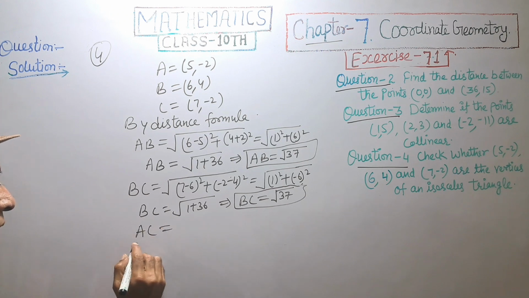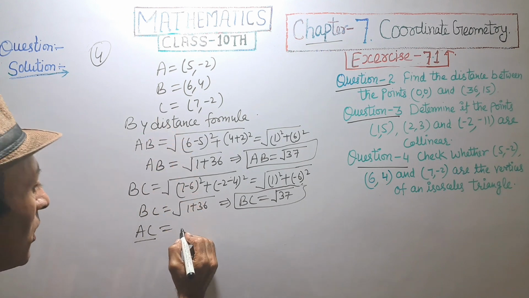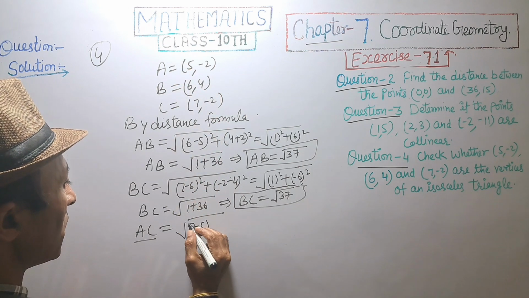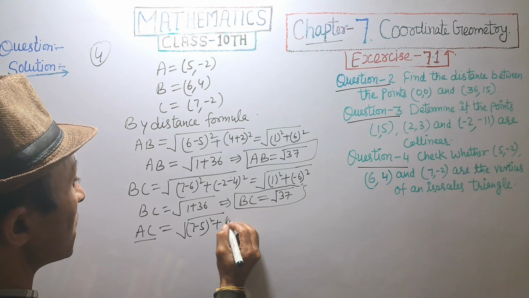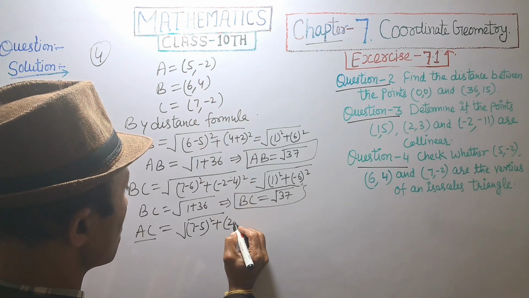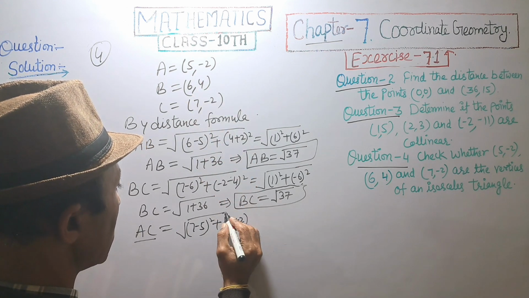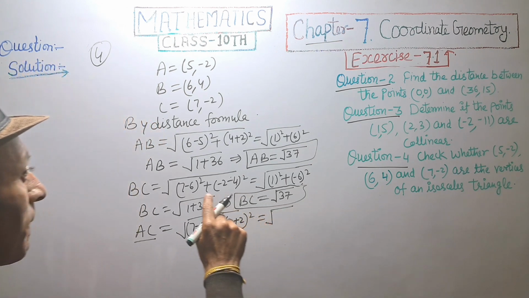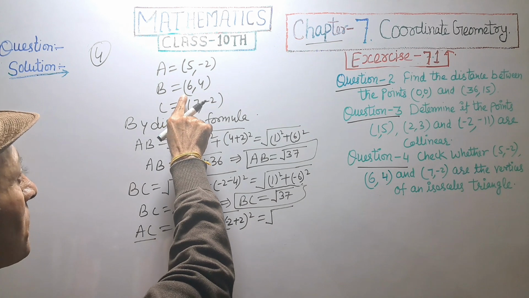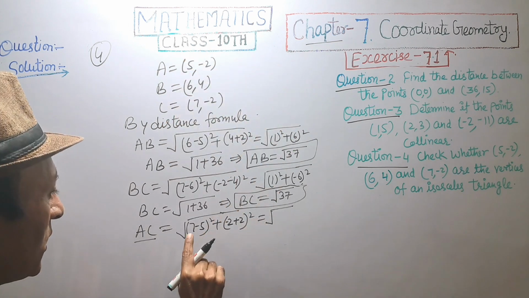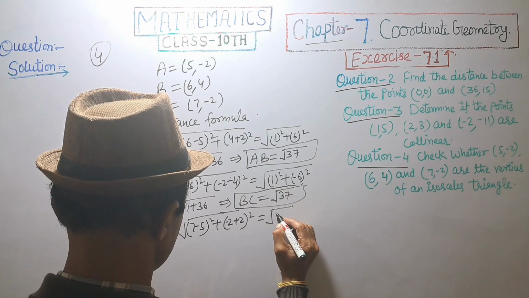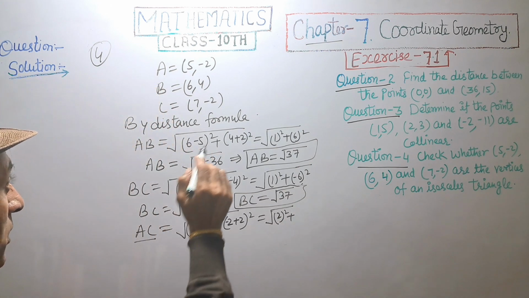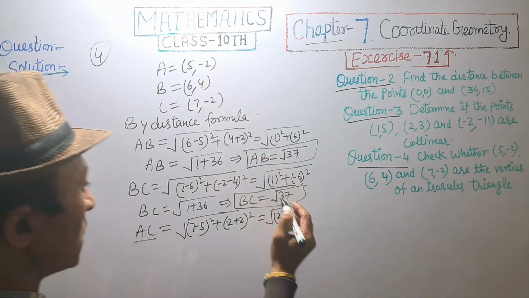And by distance formula AC, under root of (7 minus 5) square plus (-2 plus 2) square. 7 minus 5 is equal to 2, square plus -2 plus 2, that is 0.